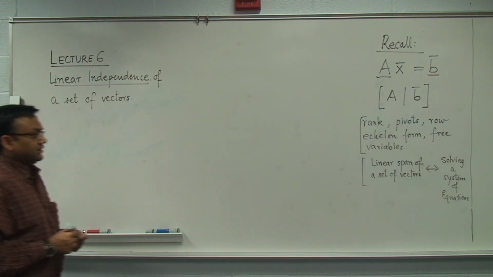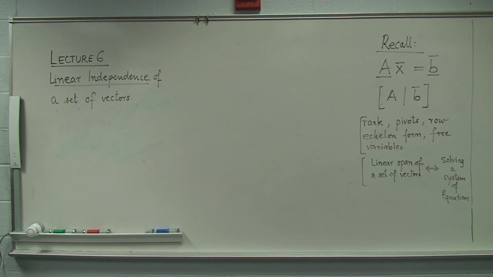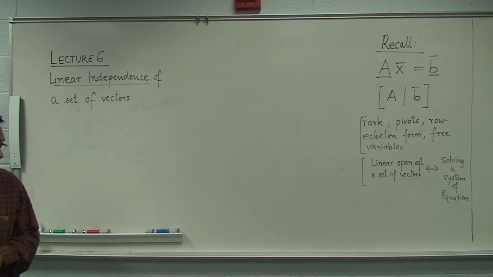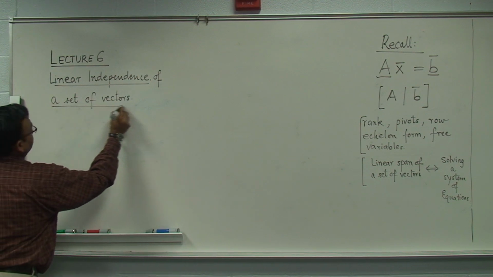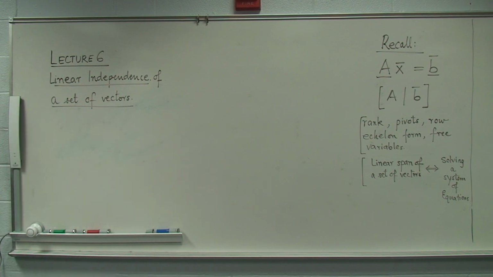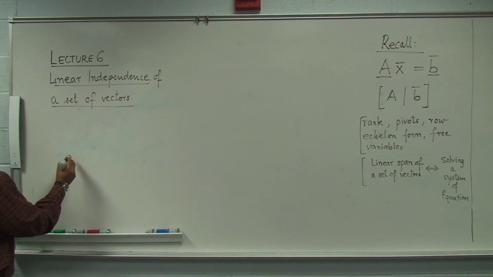So the idea is, we had this geometrical concept of a linear span of vectors, and we related it to an algebraic way of understanding that geometric concept. Same idea goes with the linear independence of a set of vectors. Linear independence basically came out of a geometrical idea of how to interpret parallel vectors.